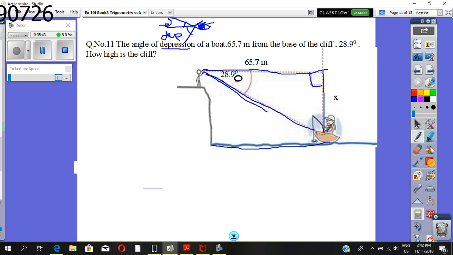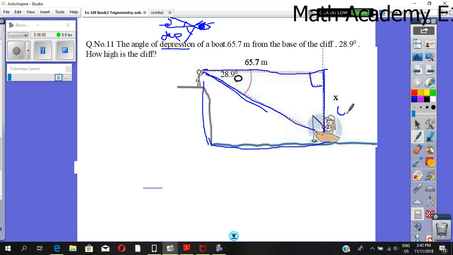This type of diagram will be here. Cliff. The 28.9 degree is the angle of depression. How high is the cliff? Here we are supposed to find this one, the height of the cliff. Now identify the sides. This side is opposite, because it is opposite of the angle 28.9.